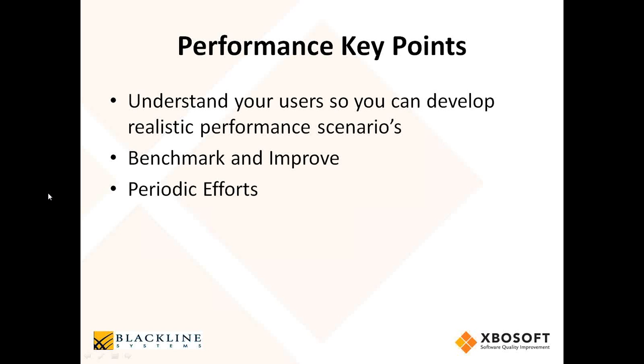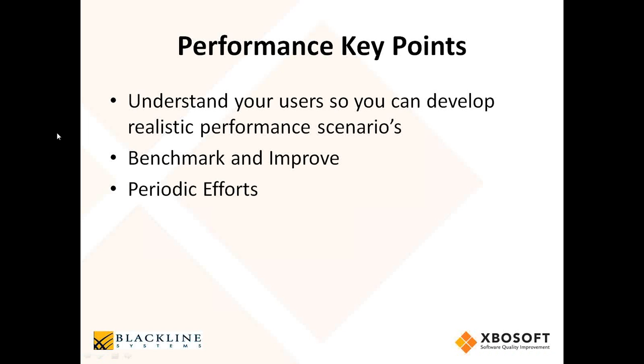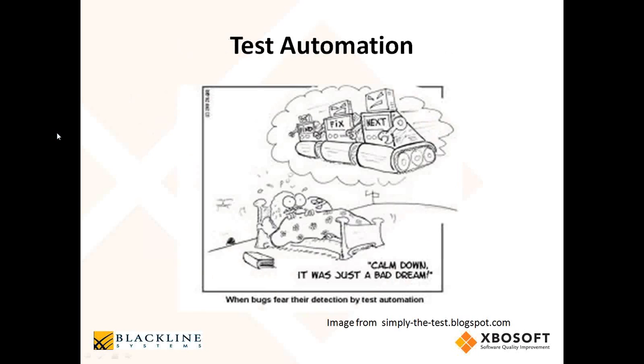So understanding your users, benchmarking, improving, periodic efforts, sounds like a good formula for success there. Let's take a look at test automation now. I know you want to automate as much as possible, but how much can you realistically automate? What percentage of the tests do you aim to automate?